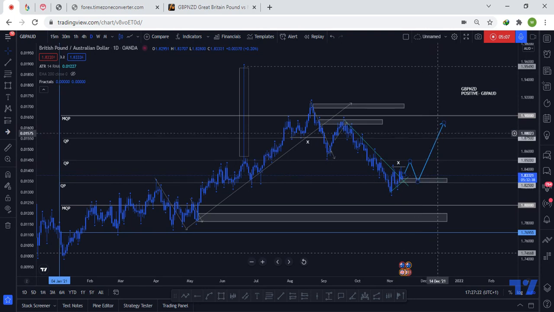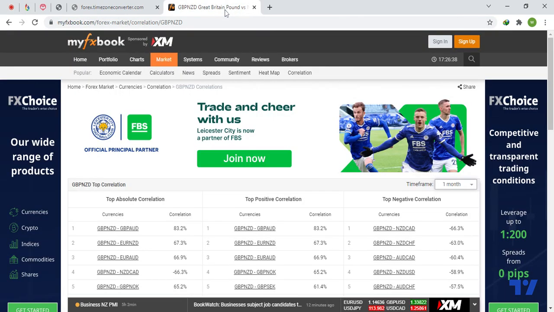It's almost the same thing with GBPNZD. When you check correlations, I go to my Facebook and check. Over the past month, GBPNZD and GBPAUD have been correlating at least 83%.